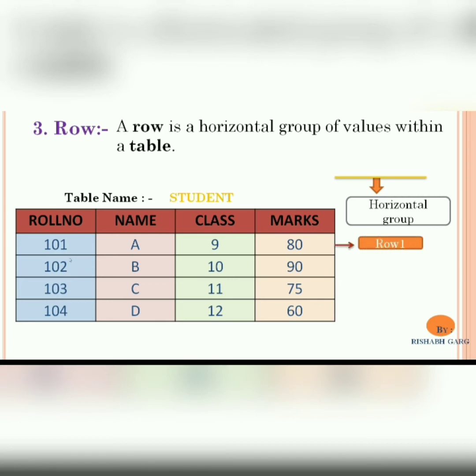Number 1, 101, A, 9 and 80. Number 2, 102, B, 10 and 90. Number 3, 103, C, 11 and 75. And number 4, 104, D, 12 and 60. It means in this table, total number of rows is 4.